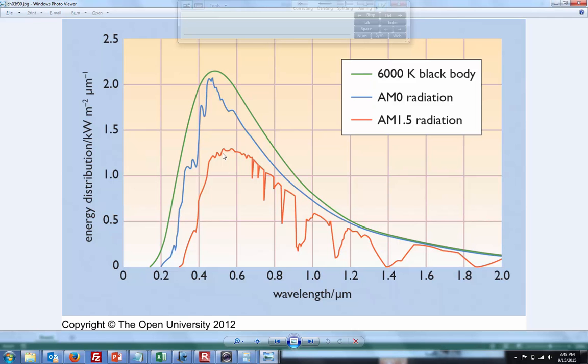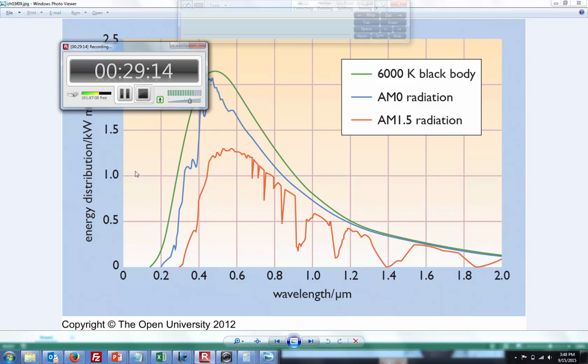It says the green was if the sun were a perfect radiator or a perfect black body at 6,000 degrees Celsius. Well, no such thing as perfection, but that's what the theory would hold. All right, and so it's basically this stuff at the bottom that we get to harvest after the atmosphere has had its way with it. All right, let's take a quick break there.